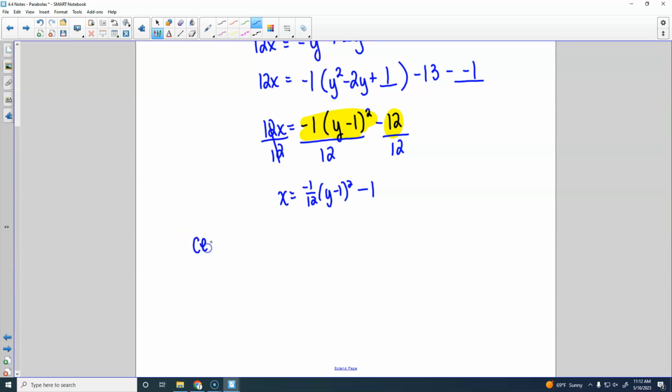Let's see. Lee, what is the, not center, what's the vertex of that? Negative 1, 1. Perfect. Kendall, which direction does it open? Up, down, left, right?